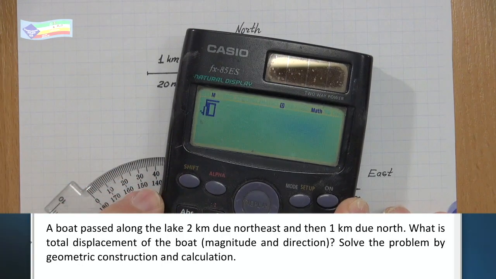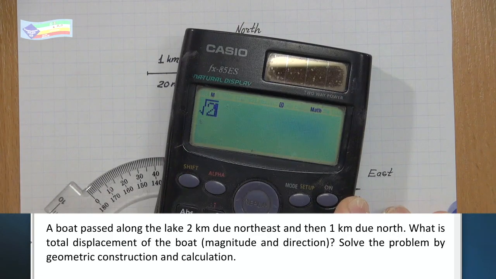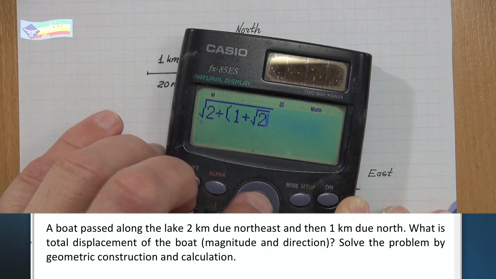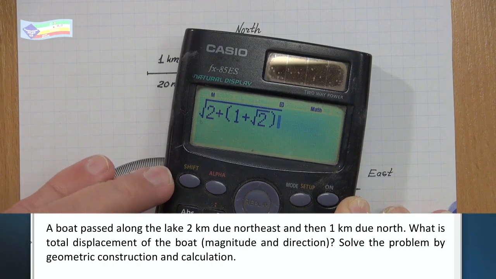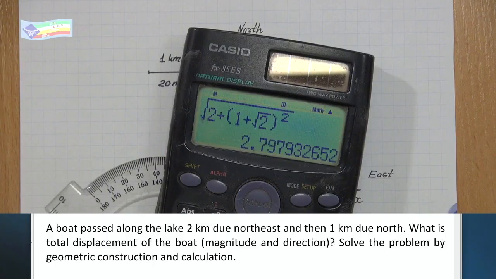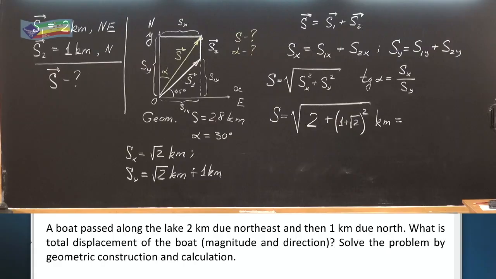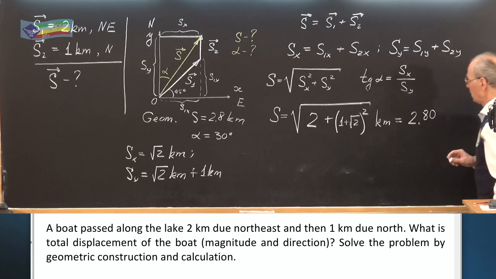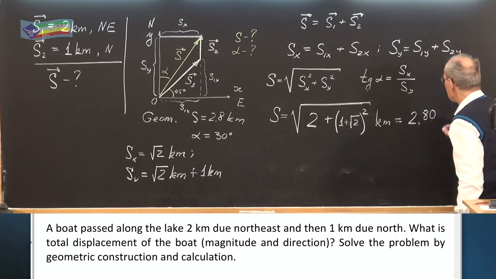Root of 2 squared plus the bracket 1 plus root of 2 squared gives us 7.8, so the square root is 2.80. We should round this result, kilometers.